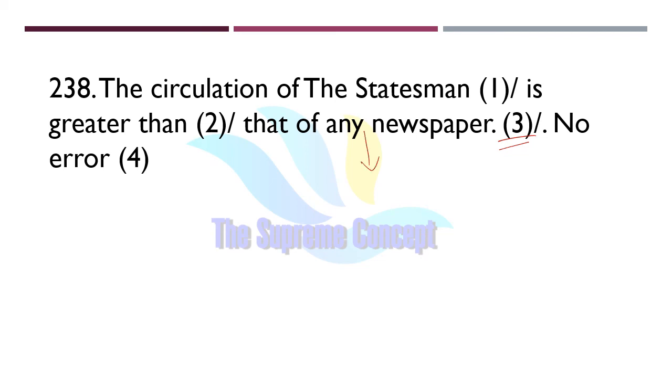We'll use other here, after any: that of any other newspaper, not only any newspaper. Why so? Because we are comparing the circulation of the statesman newspaper with various other newspapers. So let us move.